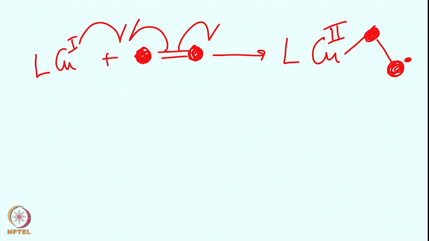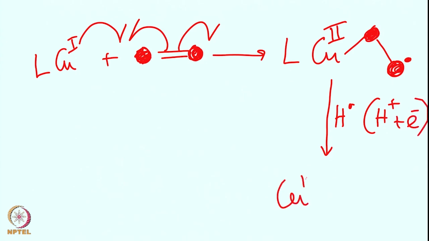So, that is how the homolytic cleavage, if you are following, and then from there on you can add an H dot, which is nothing but H plus electron, to give you copper(II) OOH, right.